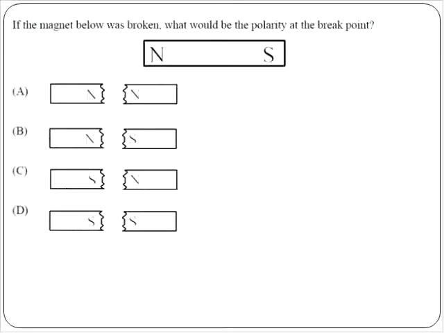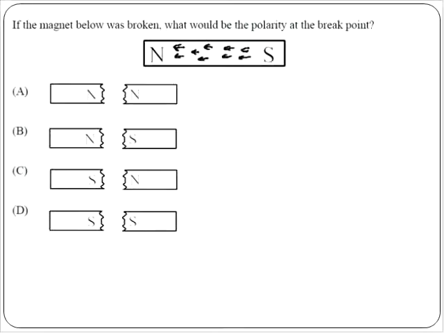All right, one more. We got a magnet that has been broken. We want to know the polarity, in other words, the north and south, what it would be at the break point. Well, because this magnet has a north pole at the left and a south at the right, that tells me that all my domains, all my dipoles, are pointing towards the north.